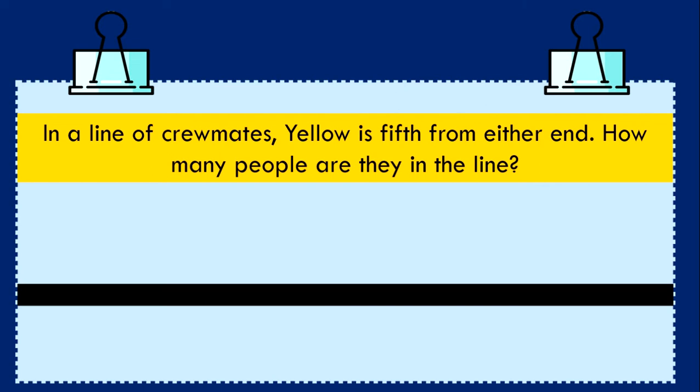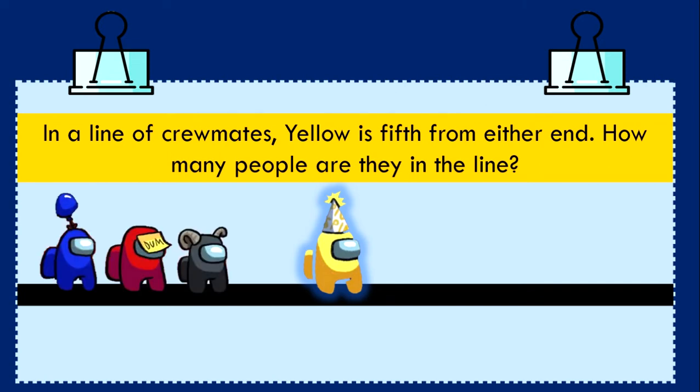In order for this to happen, we need to include four crewmates at his back. We can count from left. We have here blue, red, black, and then teal. So that's four, and yellow is fifth. And then at his front, we need to include another four.